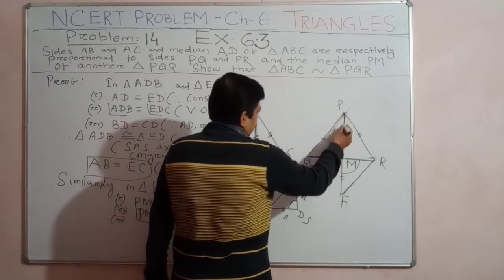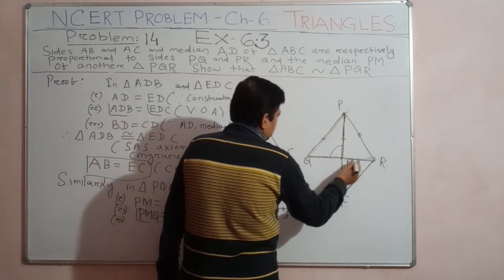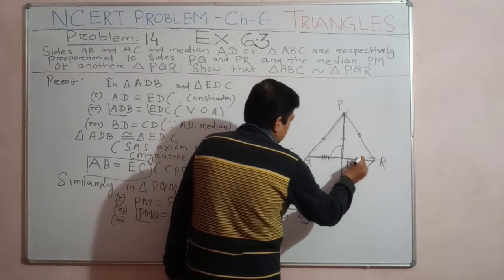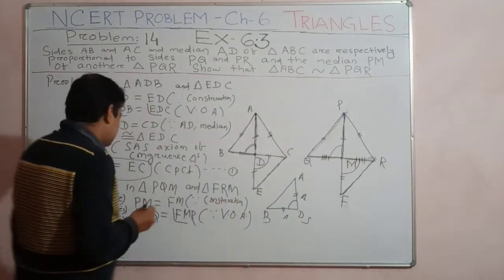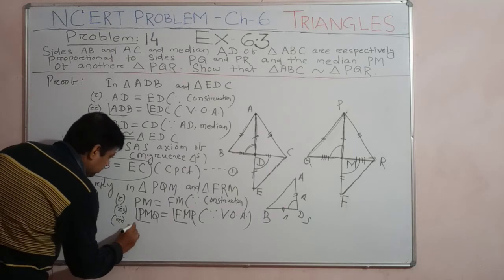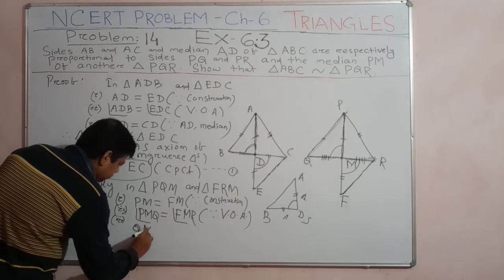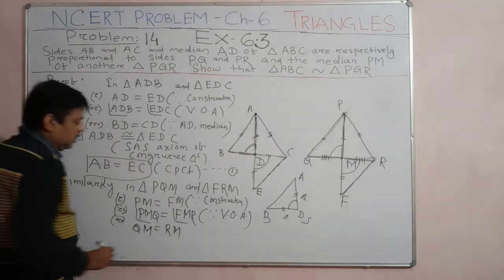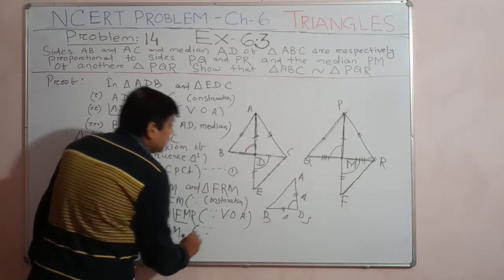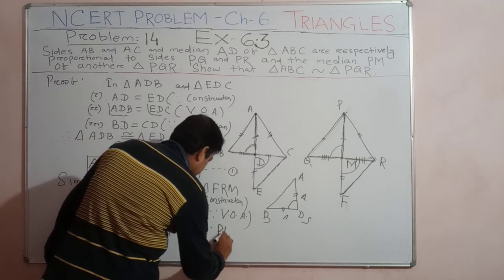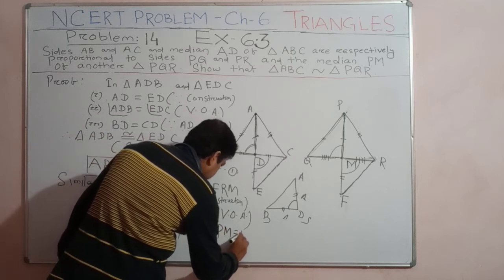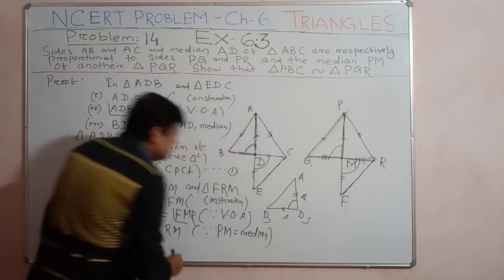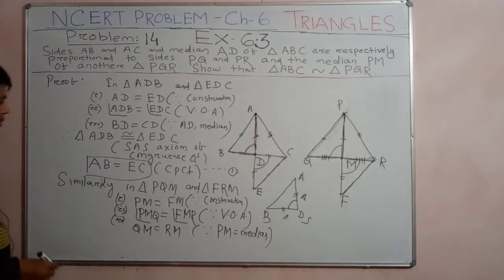Because PM is the median, that's why M is the midpoint of QR, and as a result QM is equal to RM. Yes or no? Understand?